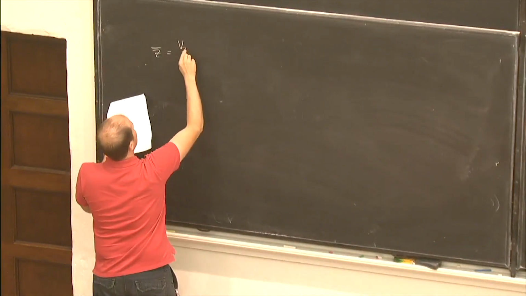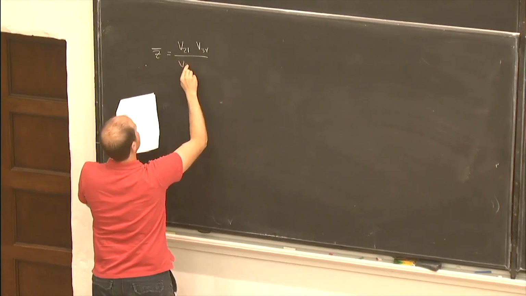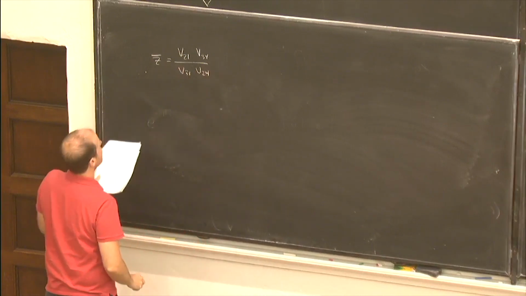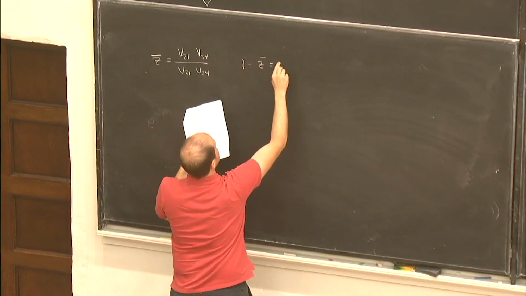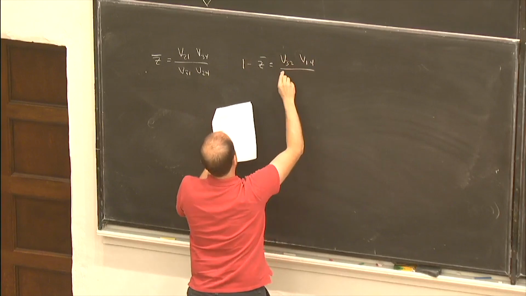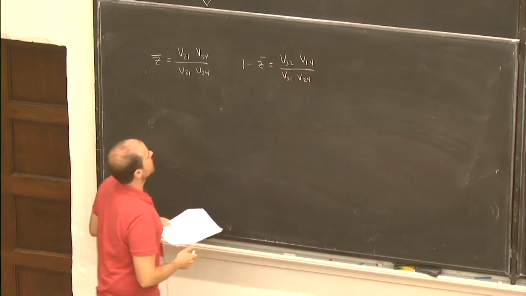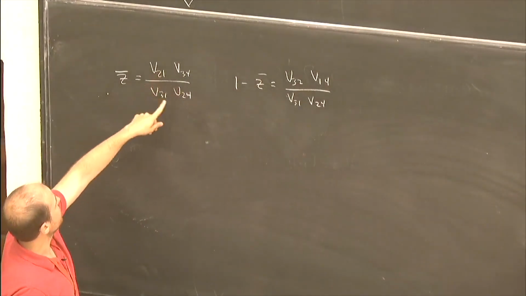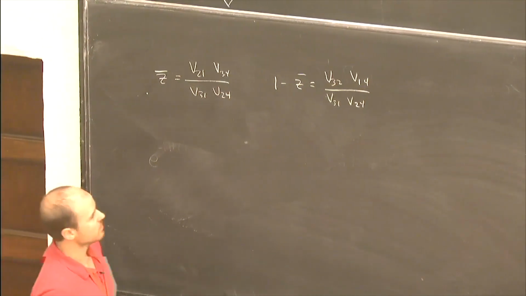And that we can write as v21, v34 over v31, v24. And 1 minus z bar is v32, v14 over v31, v24. The reason I'm writing 1 minus z bar is that nothing particularly interesting happens to any of these factors here, because none of these factors is going to 0 when the interesting light cones are being crossed.